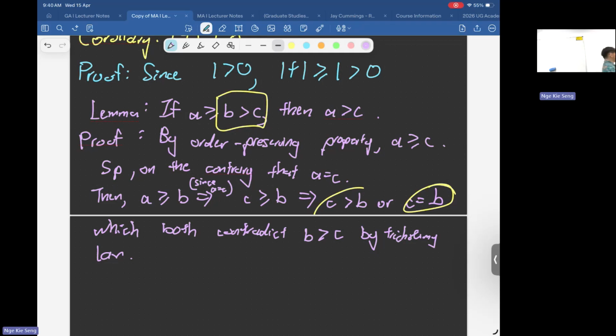Okay, so that's why you can be sloppy. In future, whenever you see this greater or equal with greater, then you can deduce greater. You cannot deduce greater or equal, right? We proved it already. It cannot be equal. Okay? But if you write it as a logical statement, you still can write greater or equal to, although you know that equal is false.